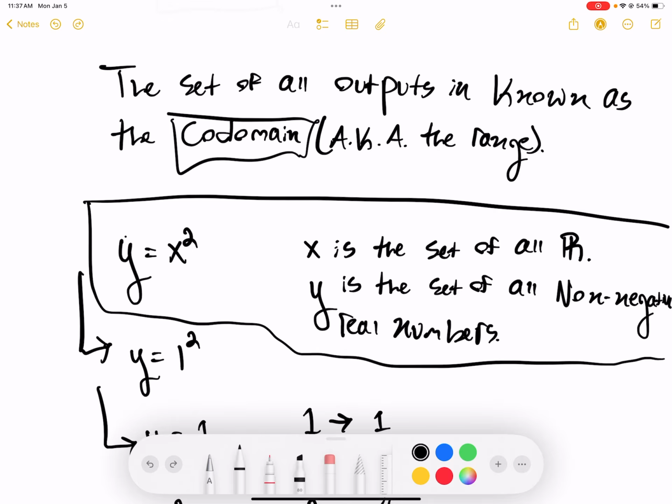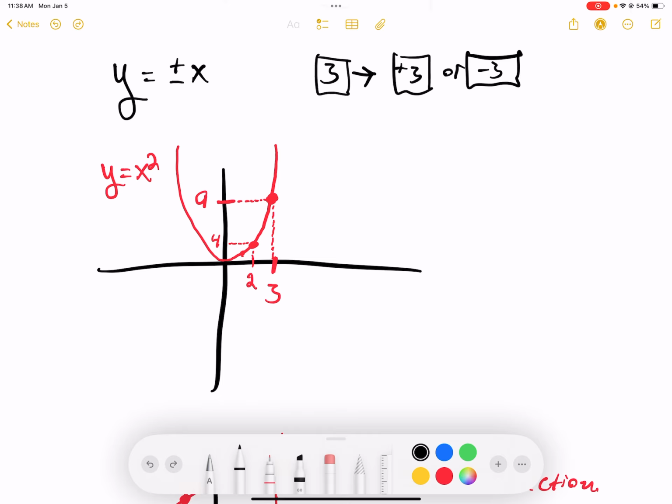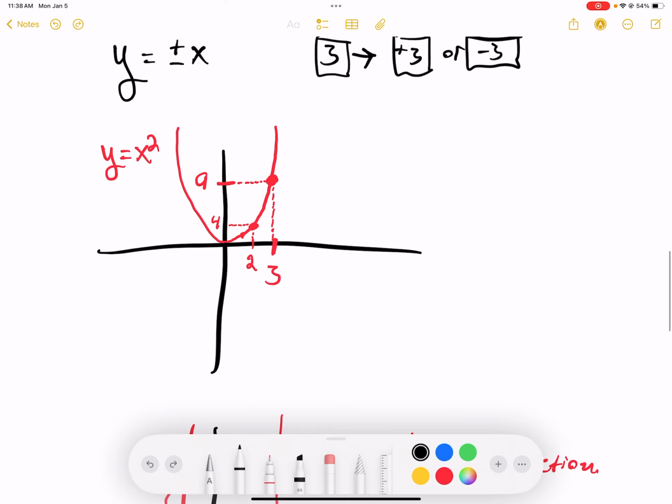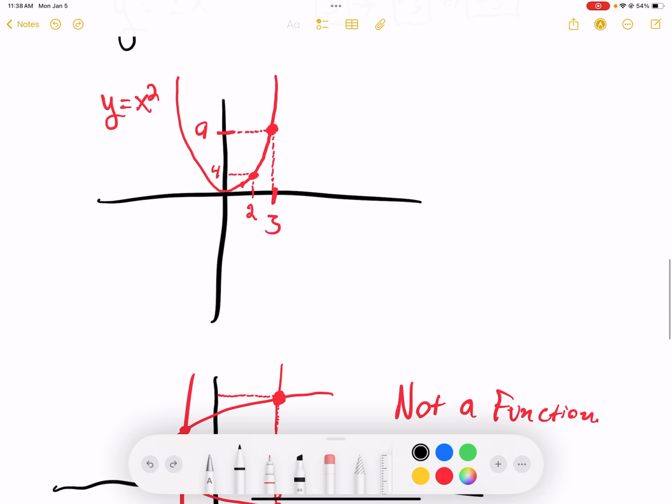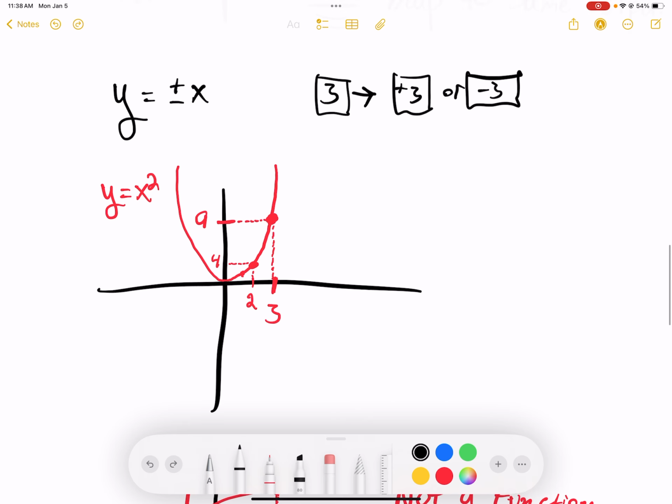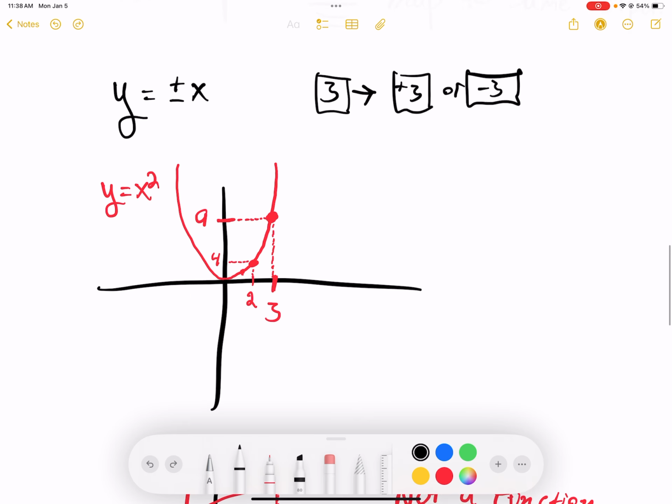And lastly, a quick review on how we analyze graphs to determine whether or not the graph is a function or not. And we analyze graphs using something called the vertical line test. The vertical line test states if you can draw a vertical line on any point of the graph and that vertical line intersects the graph in two places, then it's not a function.